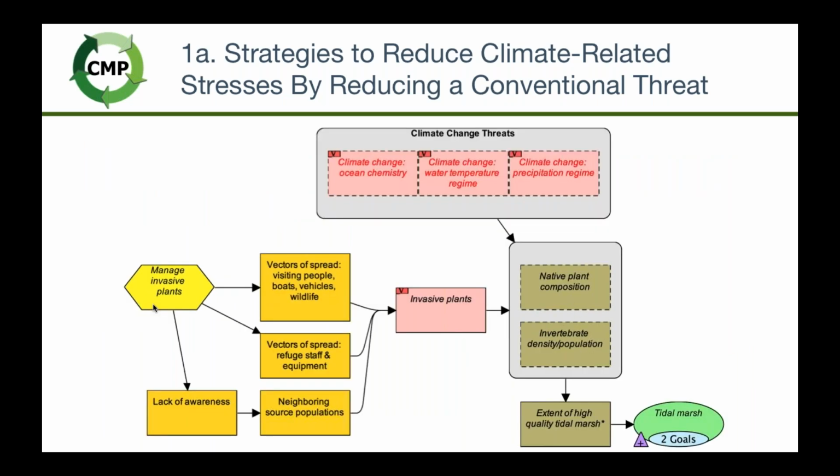So another example of this same category is for the tidal marshes, the native plant composition and the invertebrate population are affected both by invasive species as well as by a series of climate threats, changes in ocean chemistry, changes in water temperature, changes in precipitation.